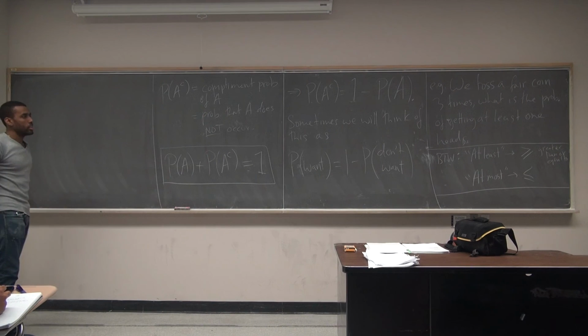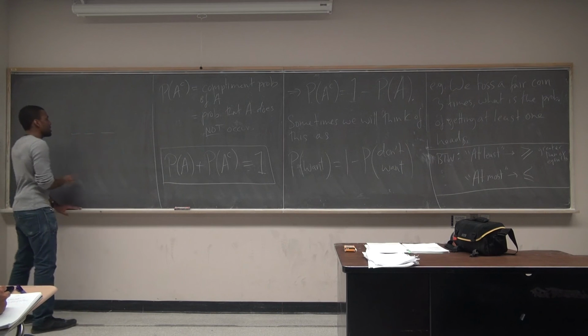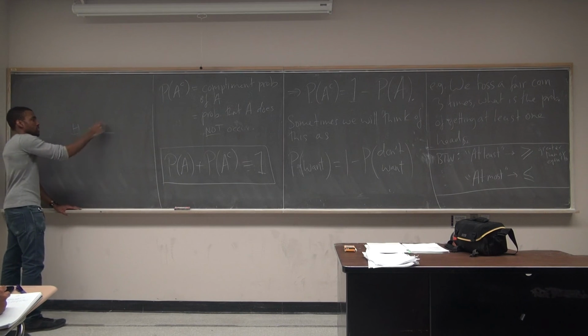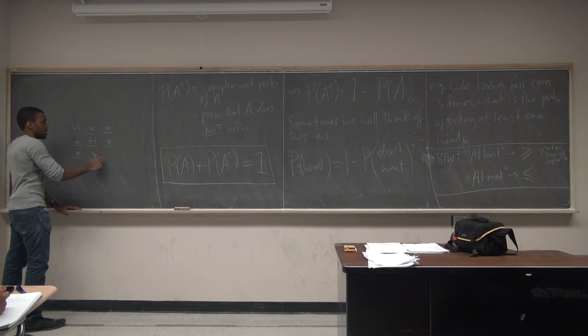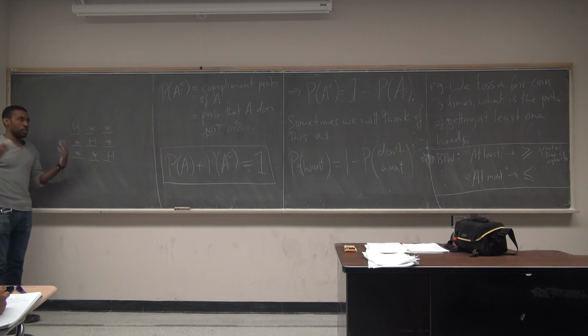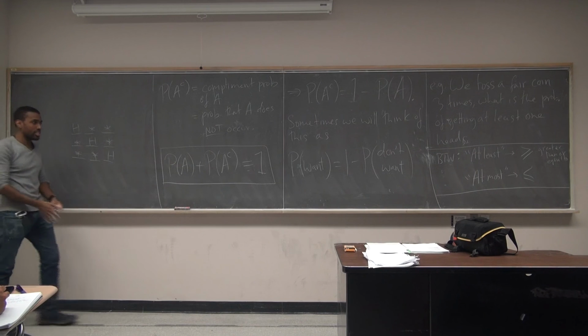You could get the head on the first one but not on the second or the third, or a head on the second but not on the others, and that's just how many ways you can get one of them. Then you have to think, what if I have two? Brute forcing it is going to take some time.